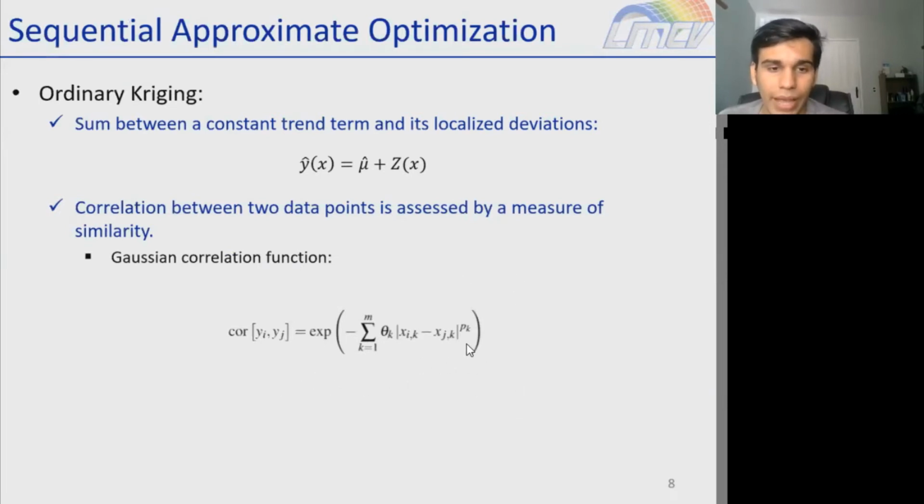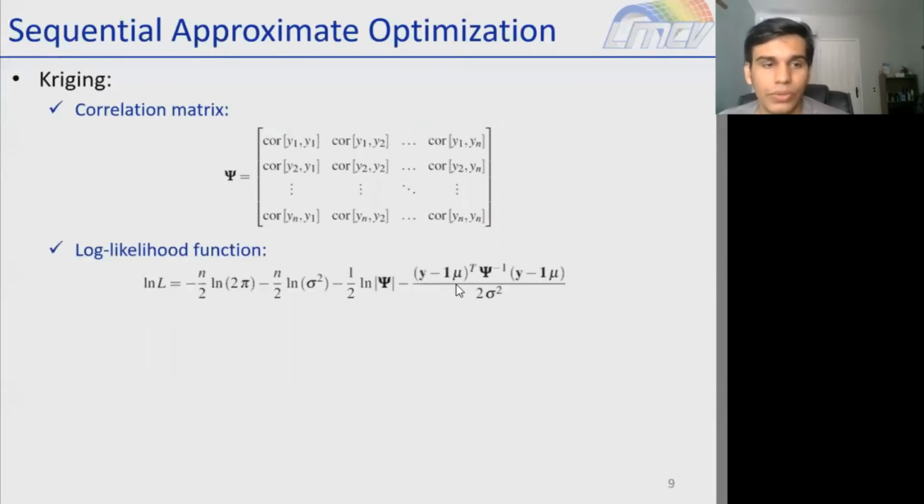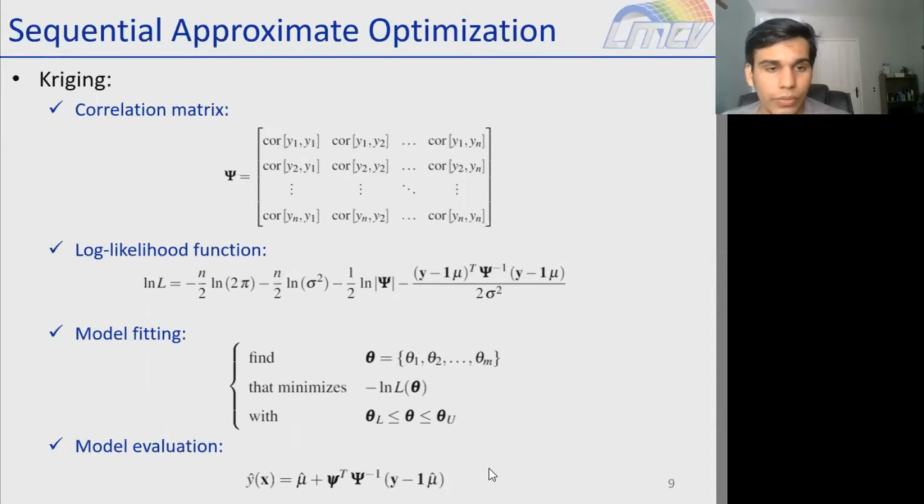The 2 parameters we have are p, which we consider as 2, and theta, which we adjust to fit our model. This is the correlation matrix. We use this likelihood function to obtain the hyperparameters of our model, including theta. And in that way, we construct the Kriging prediction.